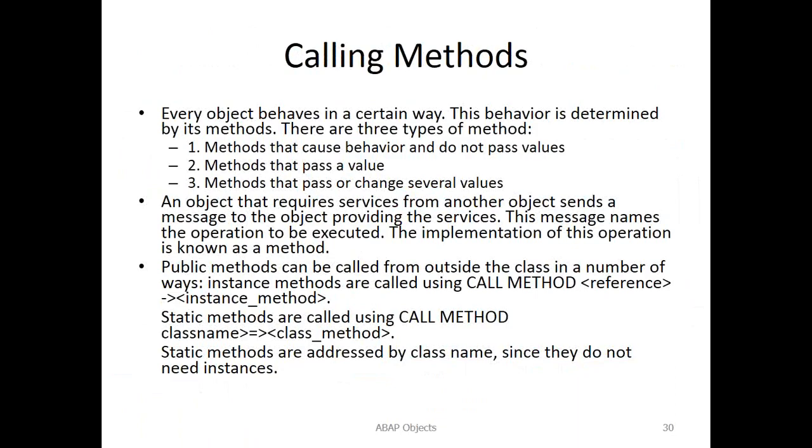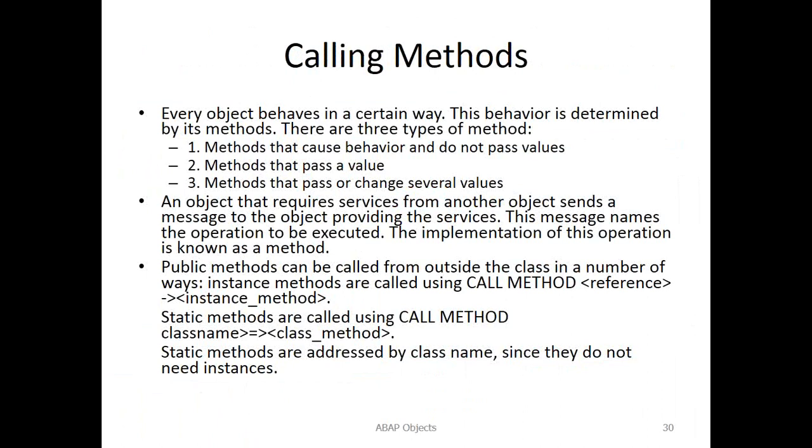So for calling the method, there are two ways. If you want to call a static method, use the double arrow; an instance method uses the single arrow. With the class we cannot access an instance method. An instance method can be accessed only with an object.